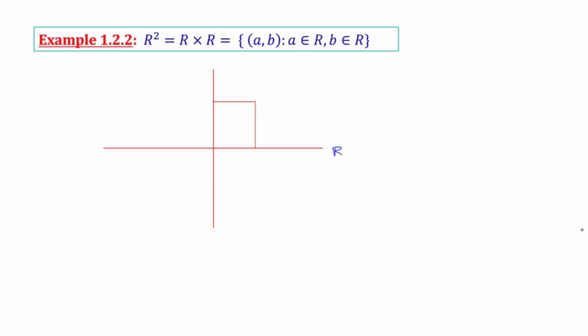Let's take R on the x-axis and R also on the y-axis. Then take a as the value of x, and b as the value of y. Then the pair (a, b) is a member of R2. Since we can take any arbitrary a and arbitrary b, the whole plane represents R2.